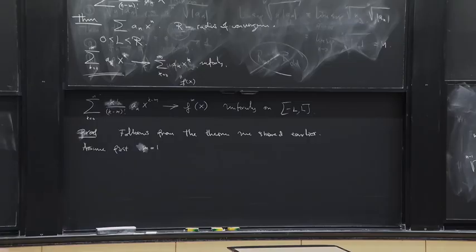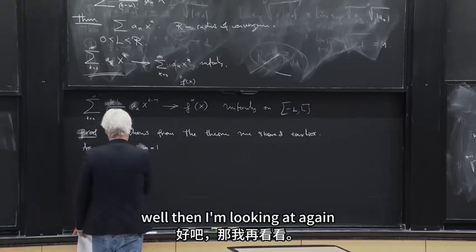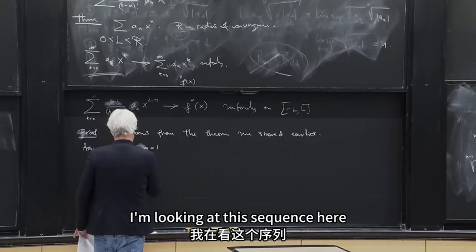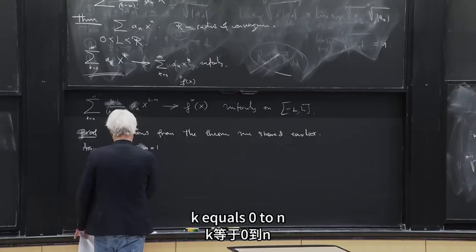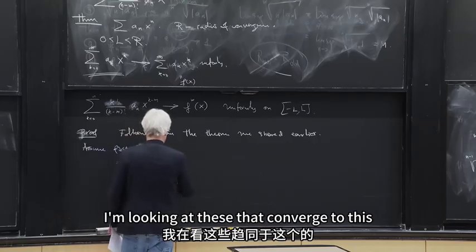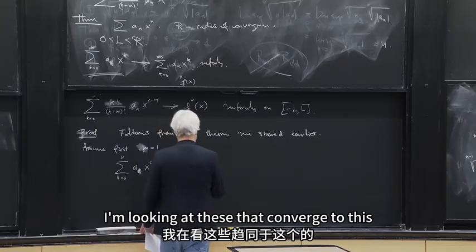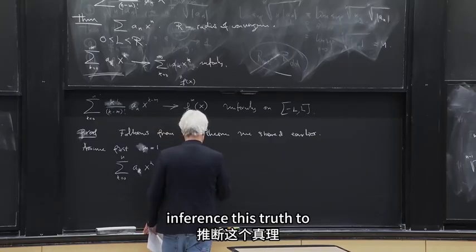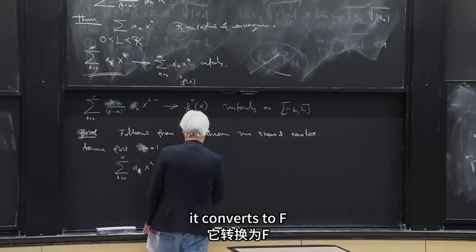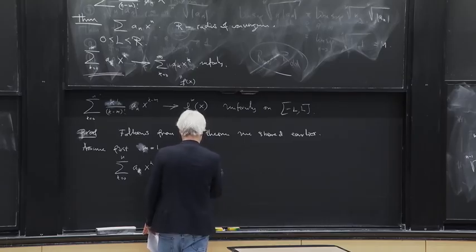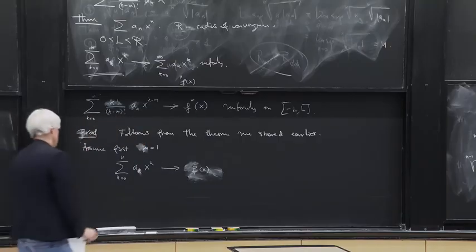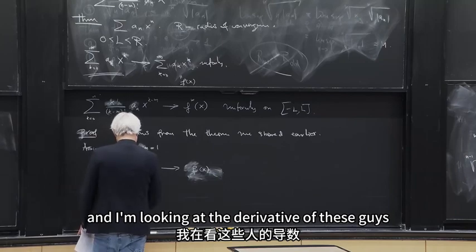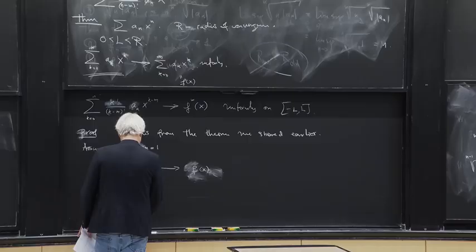Well, then I'm looking at this sequence here, the sum of a_k x^k, k equals 0 to n. I'm looking at these that converge to f. Right, f again is this infinite power series. And I'm looking at the derivative of these guys, so these are these.